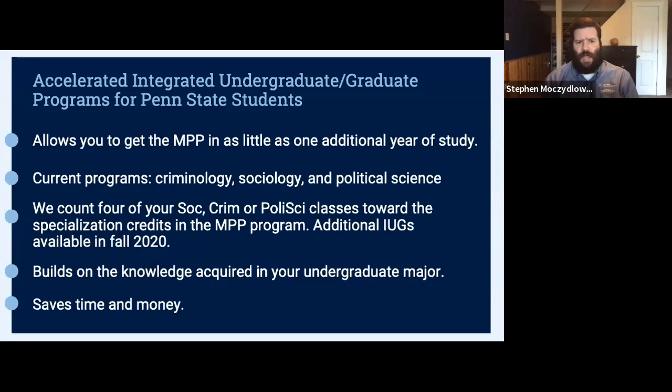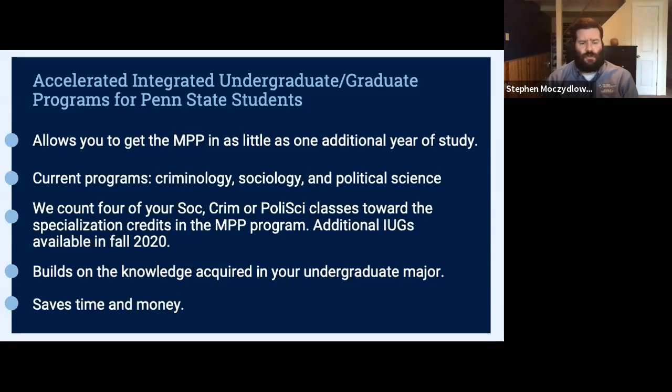And what this does is it allows students to get the MPP degree like Caitlin in just an additional year out of their undergrad. So the current programs that we have approval with at Penn State to do an IUG are criminology, the BS option, the BS in sociology, and the BA in political science.